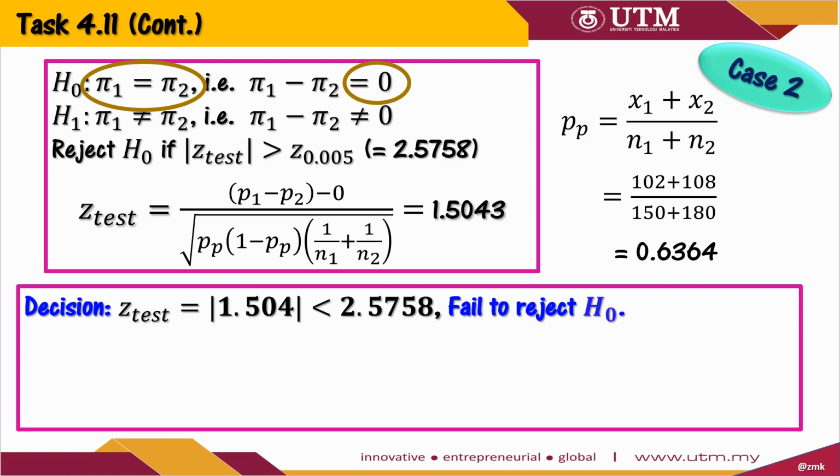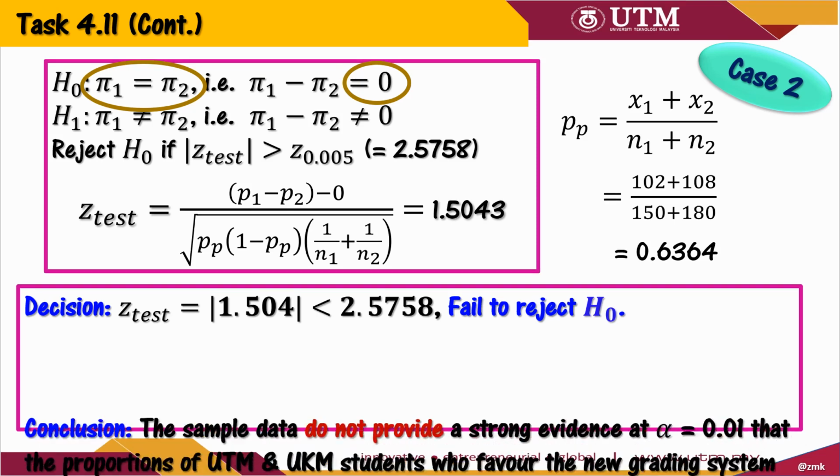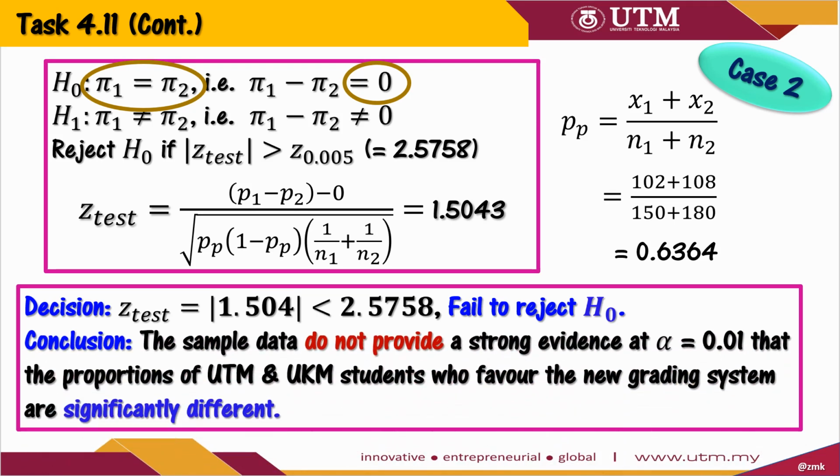Therefore, we fail to reject H0 and conclude that the sample data from the survey results do not provide any strong evidence at the level of significance alpha equal to 0.01 that the proportions of UTM and UKM students who were in favor of the new grading system are significantly different. In short, pi1 is not different from pi2 at alpha equal to 0.01.